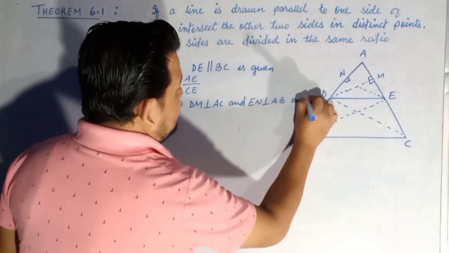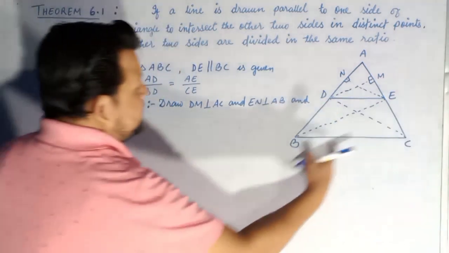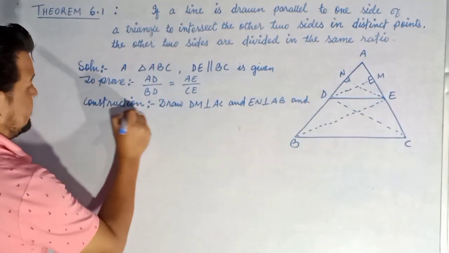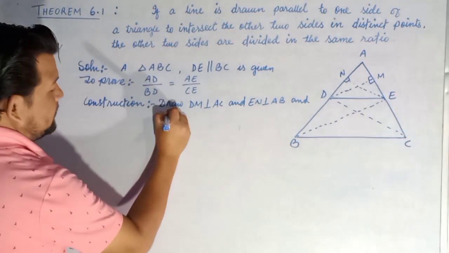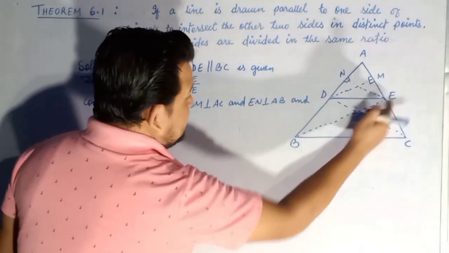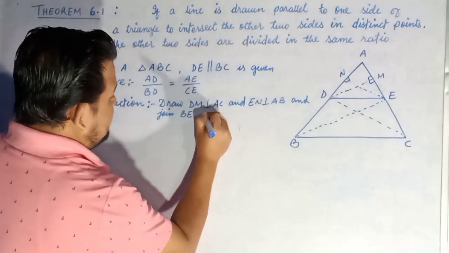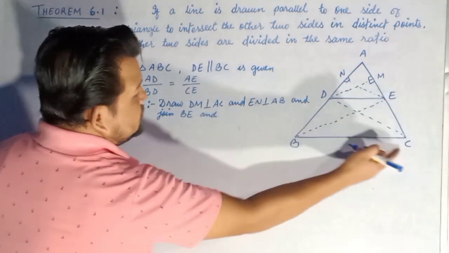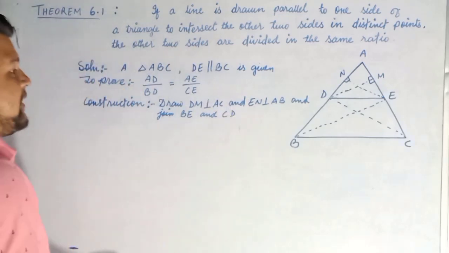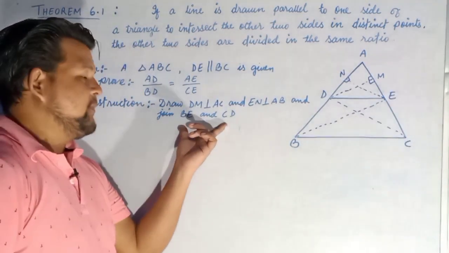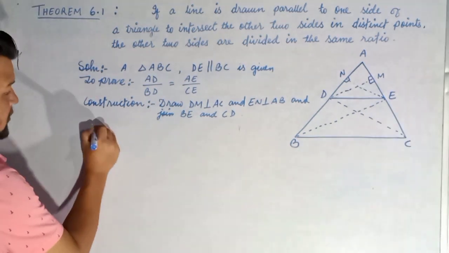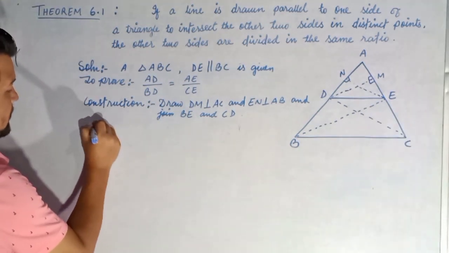And also we have joined BE and CD. Okay, we have done this much construction. We have already explained here. So now let us prove. So here, proof.